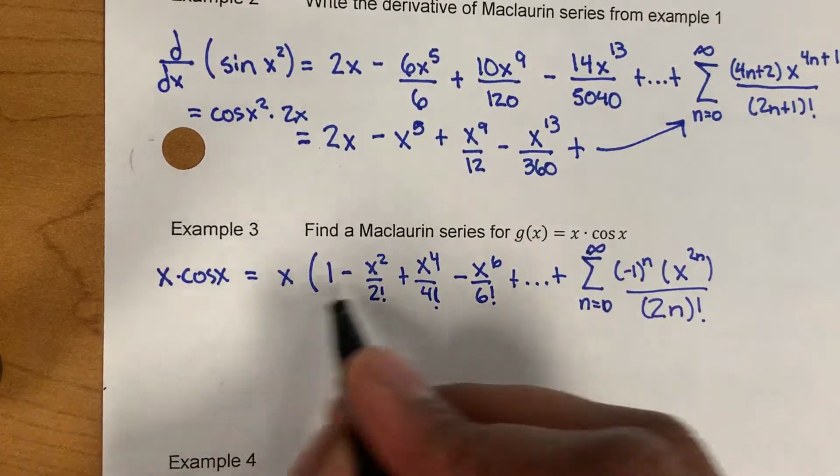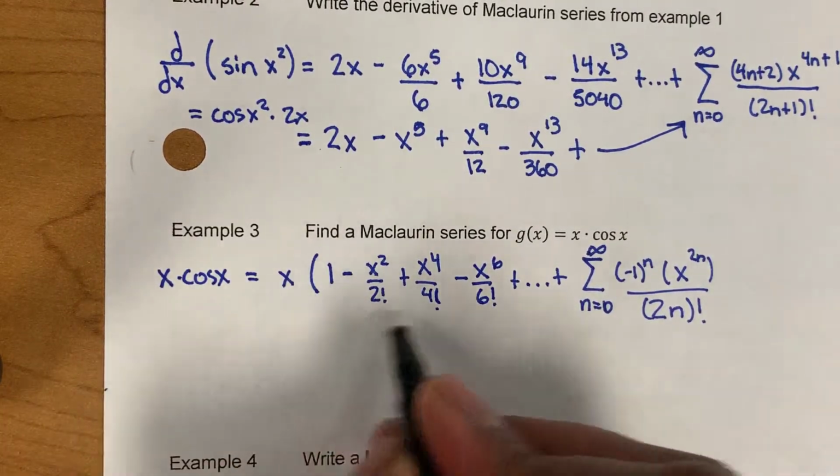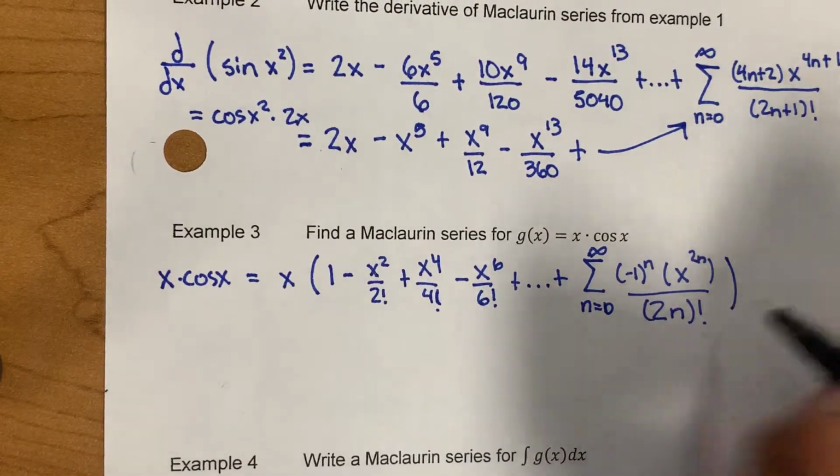So in distributing x to this, again, we have the x, and this part is the cosine expansion. Close out our parentheses.